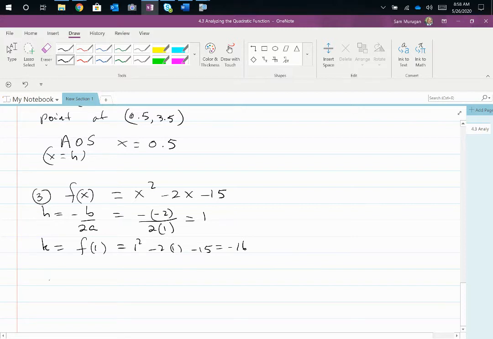The a value is equal to 1, which is greater than 0, so the graph is turned upwards. Turned up.